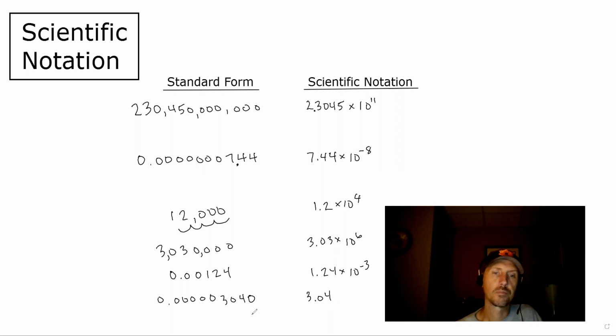Okay. So how many places? So it's going to be times 10 to the, we know since this number is less than 1, then it's going to be a negative value on the exponent. What would the numeral be? Well, we got to see how many hops it takes to get to this position here, because we want to get 3.04. So we got to move the decimal place over to there. So we go 1, 2, 3, 4, 5, 6 places. So it would be 3.04 times 10 to the negative 6.